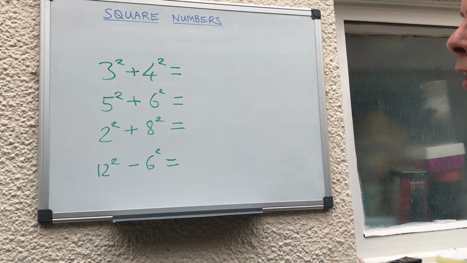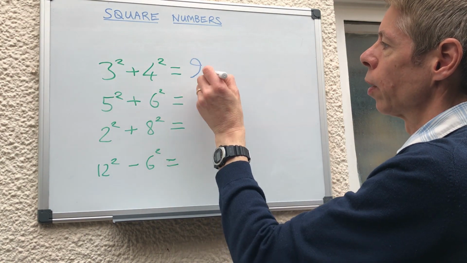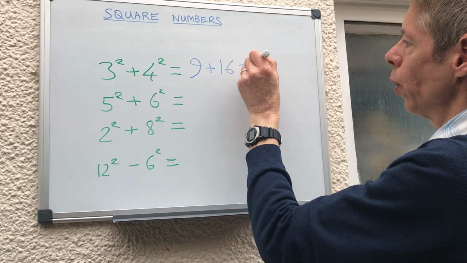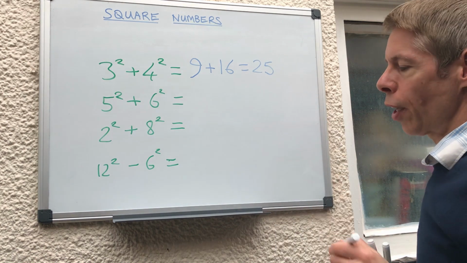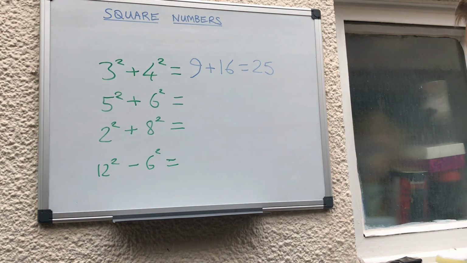Okay, so hopefully you've done the first one. So 3 squared equals 9, plus 4 squared is 16, so that makes 25. Okay, if you haven't finished yet, just carry on, because all the answers will be there so you can check against the answers I've got.